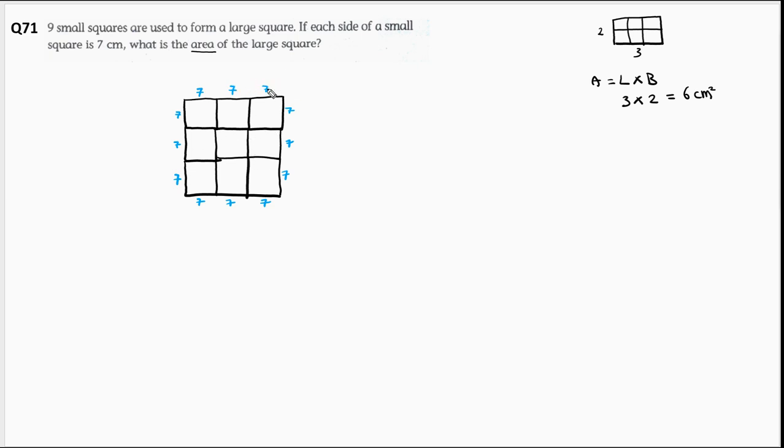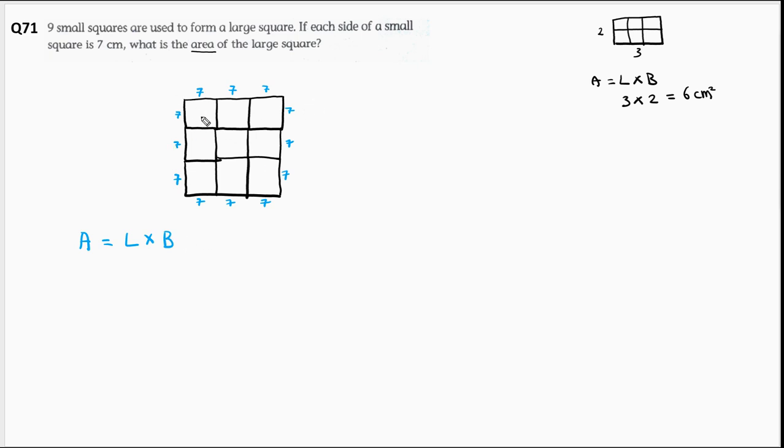But what am I interested in? Remember we said area, that's what we want to find out, equals the length times the breadth. These are just the 2 dimensions that you have in a 2-dimensional shape. One goes this way and the other one goes that way. It doesn't matter which way round you multiply them.